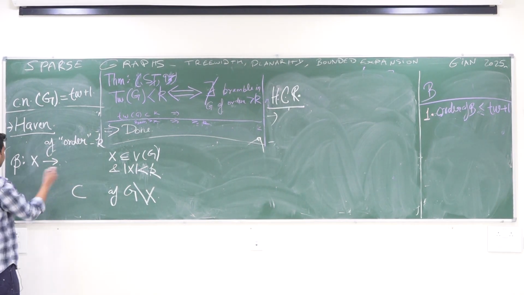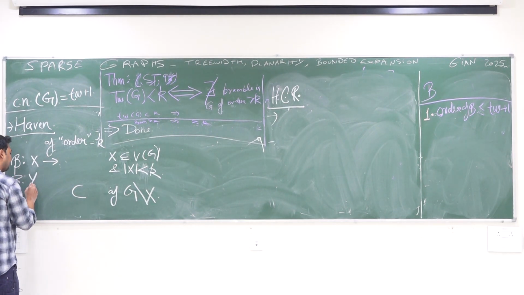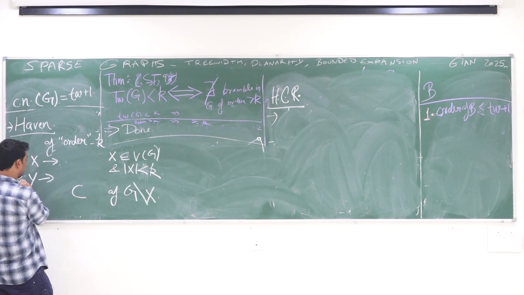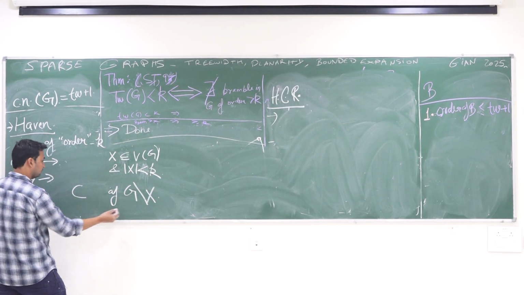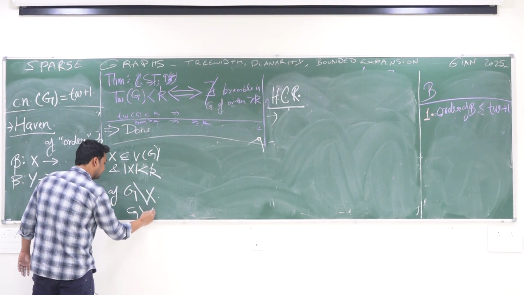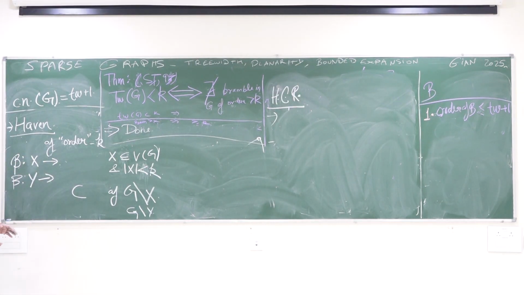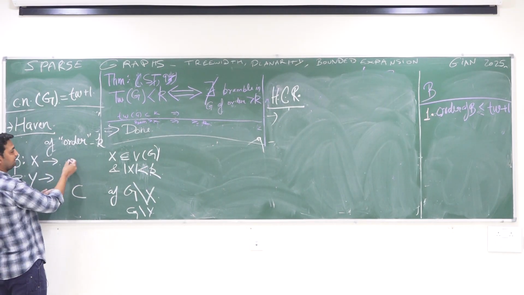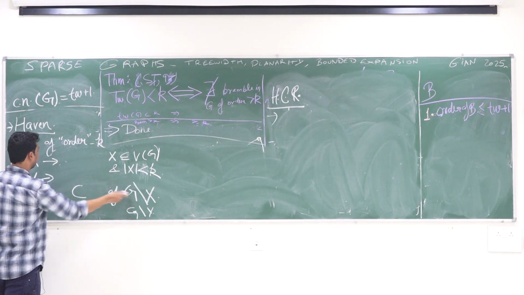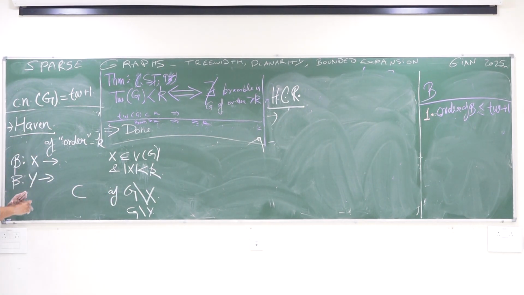For every X I have a mapping, and similarly for Y also I have a mapping to some connected component of G minus Y. So beta goes from X to G minus X, and beta for Y also goes to G minus Y. The entire image of X is in one connected component.